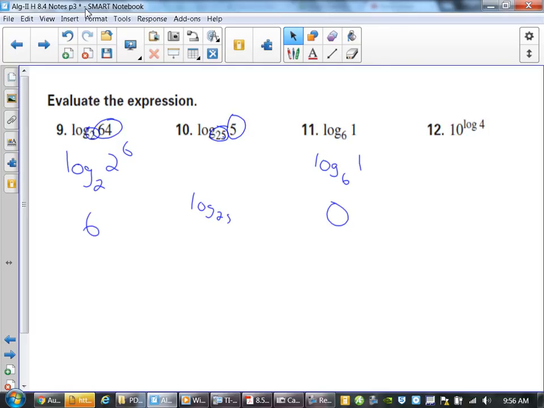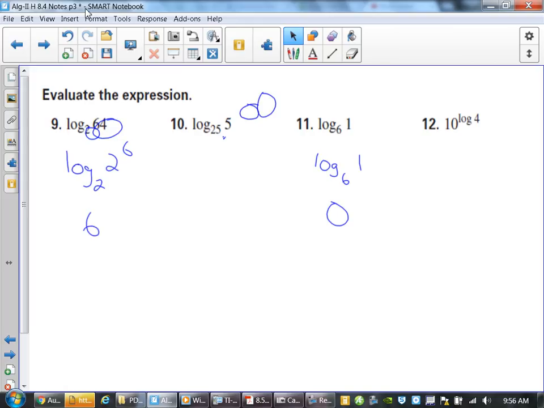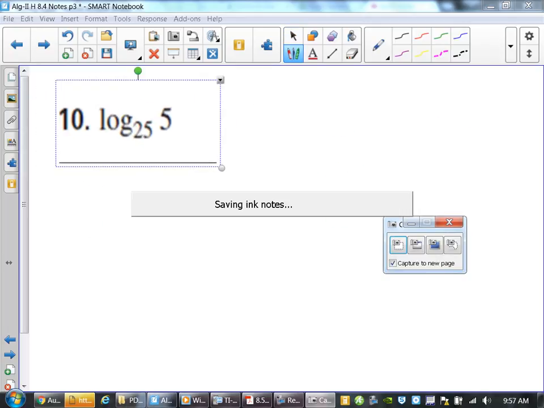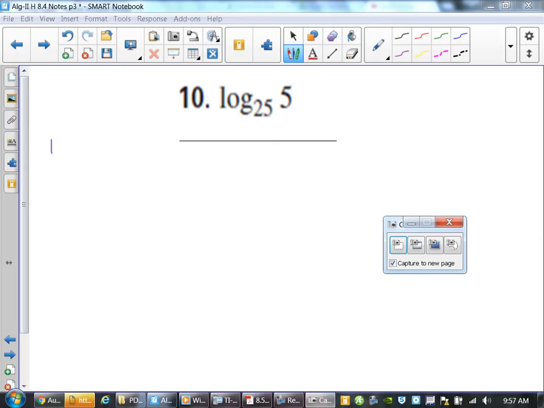When you go back in here, we need to create, we need to have this.